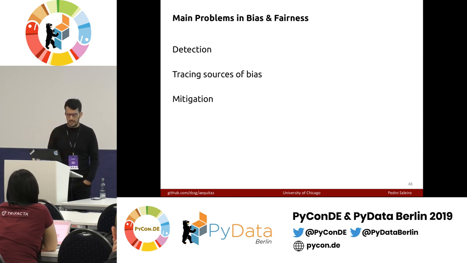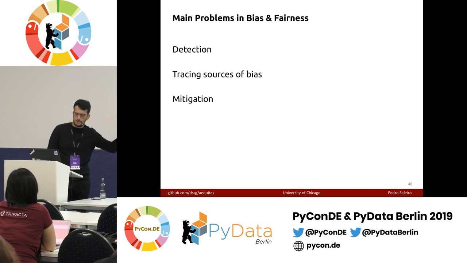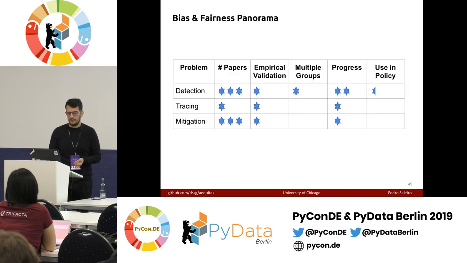And there are many papers on definitions like sufficiency and so on. Another issue is tracing the sources of bias. So really go back and see, was this decision about imputation, about record linkage, that really introduced the bias? How do we isolate the real sources of the bias? And the third problem is mitigation. How can we fix this and try to mitigate the risks?